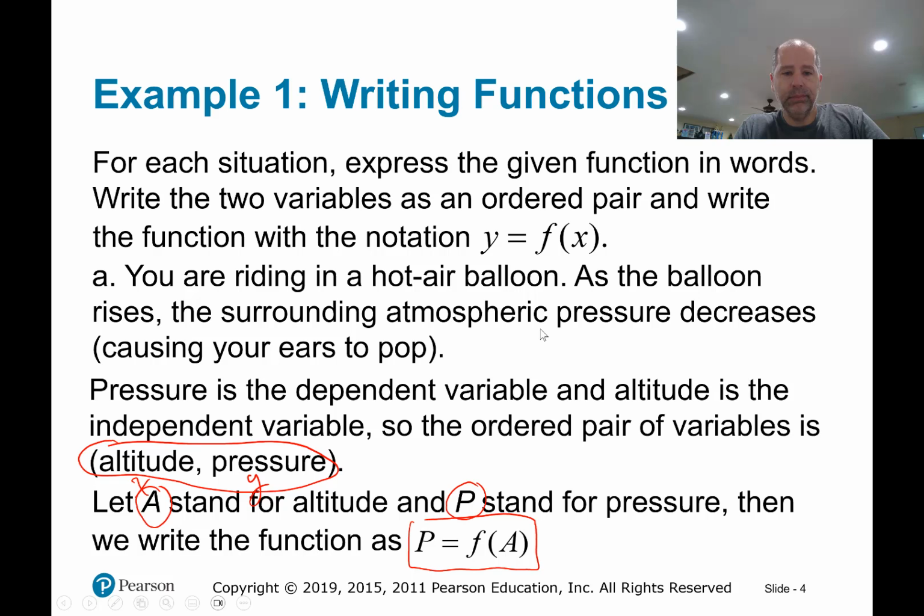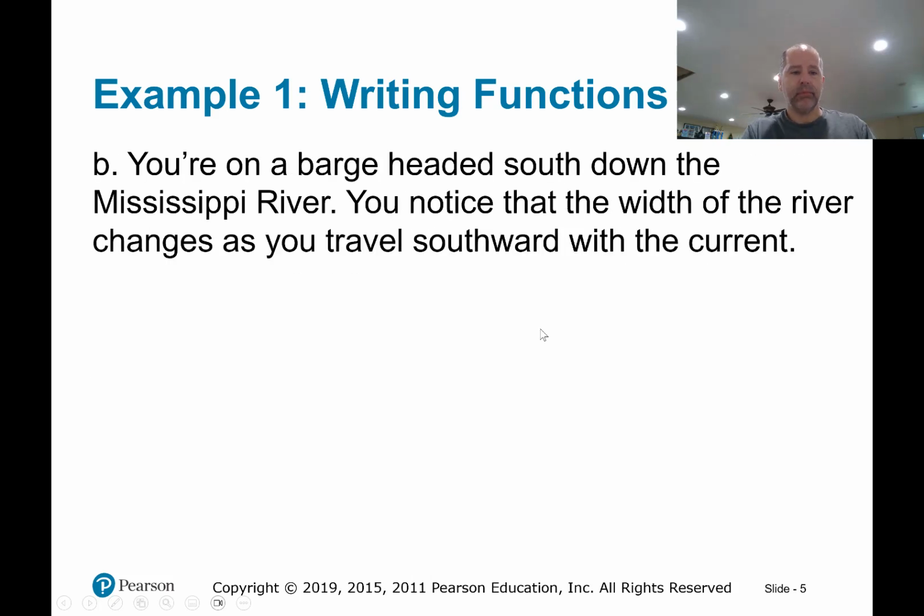All right, here we go. B. You're on a barge headed south down the Mississippi River. You notice that the width of the river changes as you travel southward with the current.